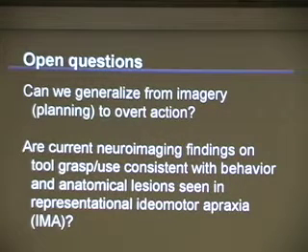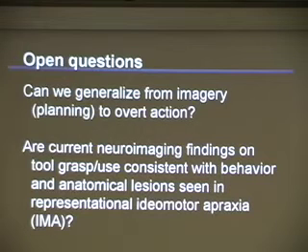So these imaging studies open a number of questions, but I wanted to introduce two related ones that are most relevant to the work that I'll be doing here in collaboration with Laurel over the next couple of weeks. The first question: can we generalize from imagery or planning actions to overt action?